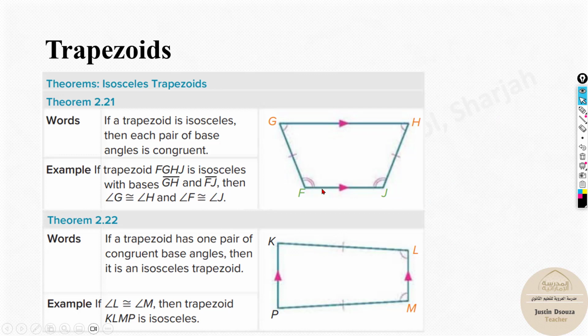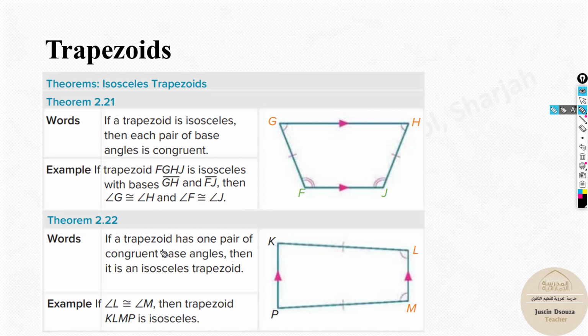Okay, before we solve problems, we need to look into a few of the properties or theorems. Here they say in an isosceles trapezoid, each pair of base angles are congruent to each other. Now if these 2 are parallel and these 2 legs are equal, then this angle and this angle are congruent. These 2 angles are congruent.